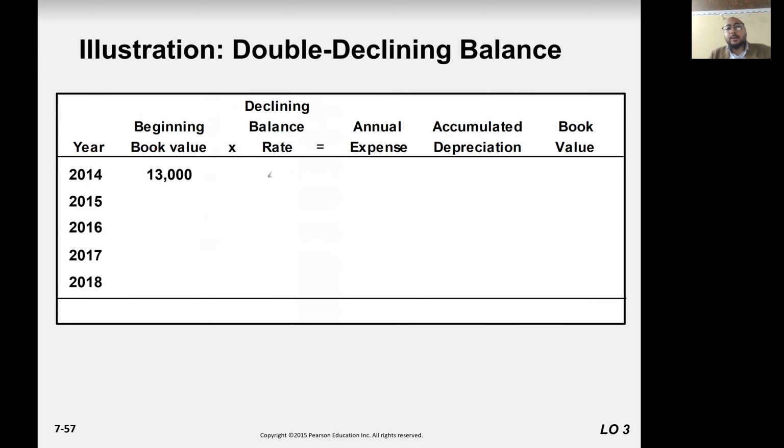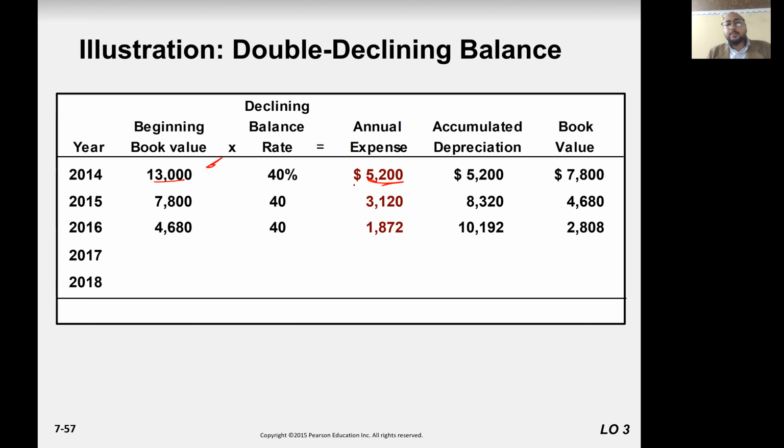So you see, now the book value is going to be 13,000 minus this annual expense. So the beginning value also changes, and at the end the value is going to be 1,000. So the last depreciation is going to be the difference between the salvage value and the book value.